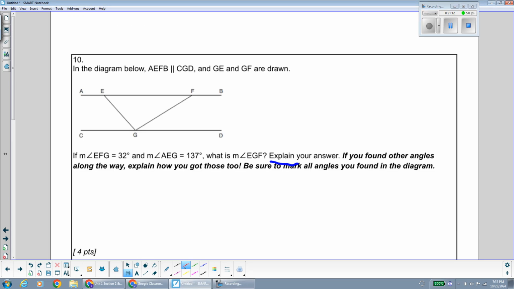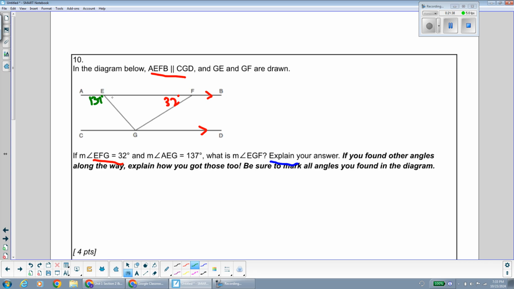So first, let's go through how to find the value numerically. Since we're told that we have parallel lines, make sure to mark your diagram. Angle EFG is 32 degrees. Make sure to mark your angles in your diagram. Angle AEG is 137 degrees. A lot of people put this angle in the wrong spot. They put it here. That is angle FEG.